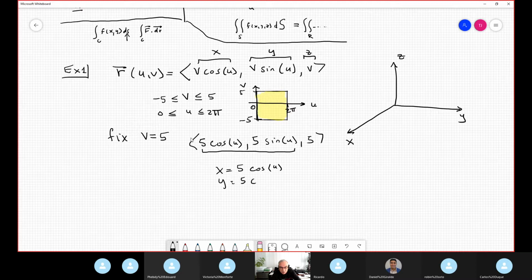So it's a circle, but for this circle the Z value is 5. It's a circle whose radius is 5 and stays at Z equal 5. It's a coincidence of the radius and the height, you know, on the Z axis.